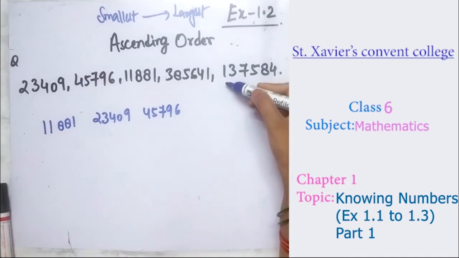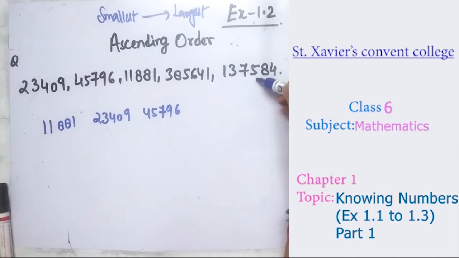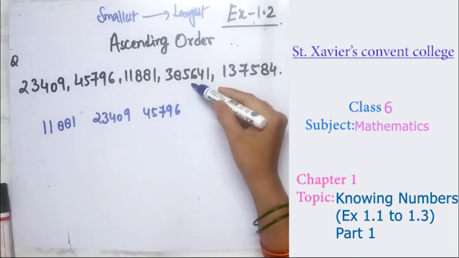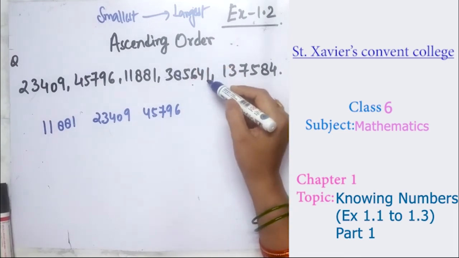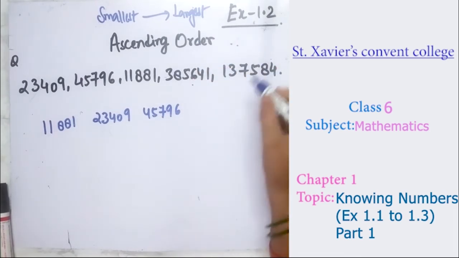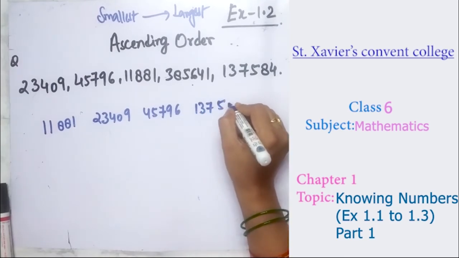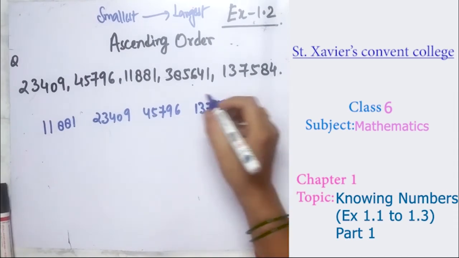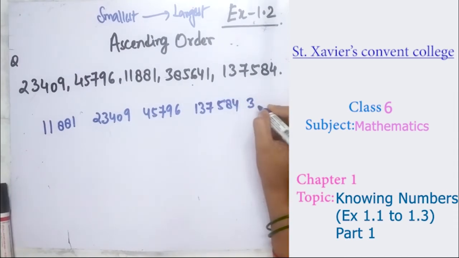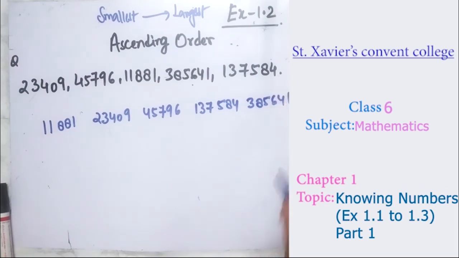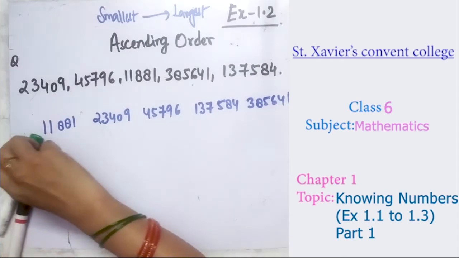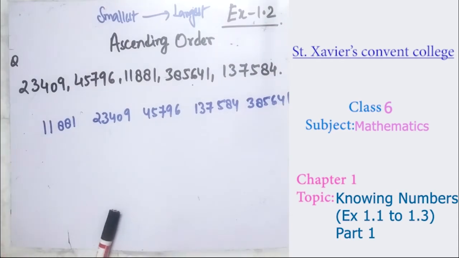This is 1,37,584 and this is 3,85,641, which is the greatest. So the next number is 1,37,584 and the last number is 3,85,641. As I have told you, that is the greatest number, so you put it at the end.